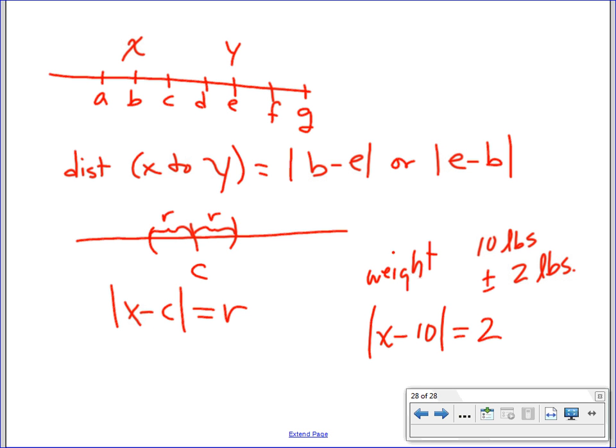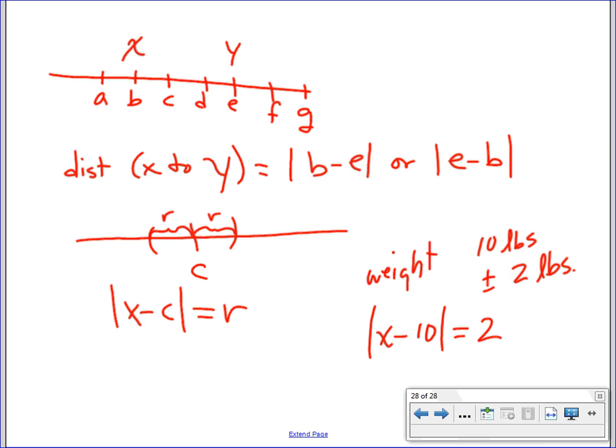Now, when you solve this absolute value equation, you get X could be 2 more than 10, 12 minus 10 would be 2, or X could be 2 less than 10, 8 minus 10, negative 2, take the absolute value, we get 2 again.